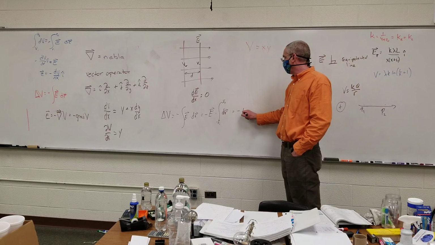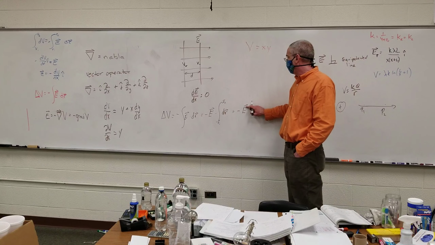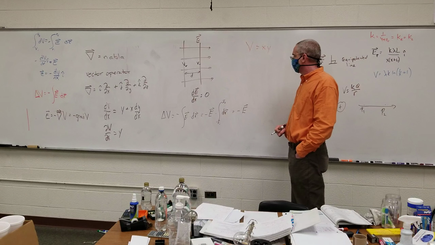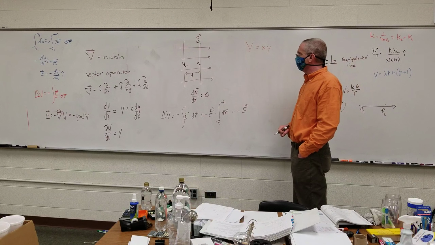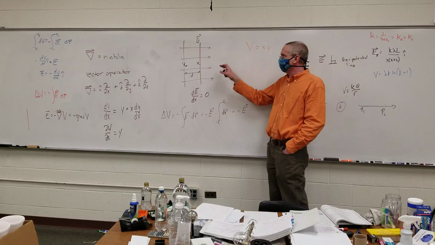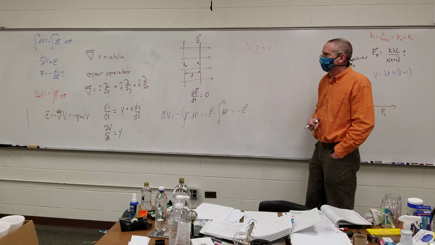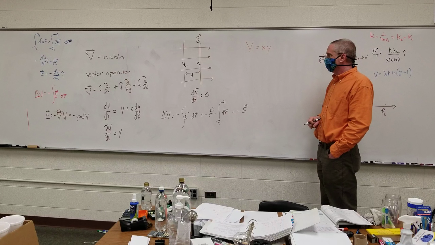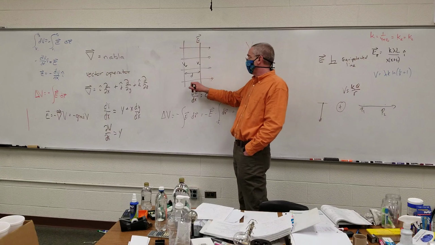So this becomes negative E dot, well, I guess we need to decide which way we're going. Are we going from the positive to the negative or the negative to the positive? So let's go in the direction of the electric field.